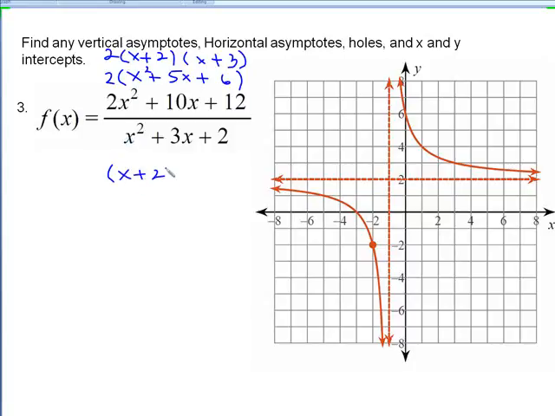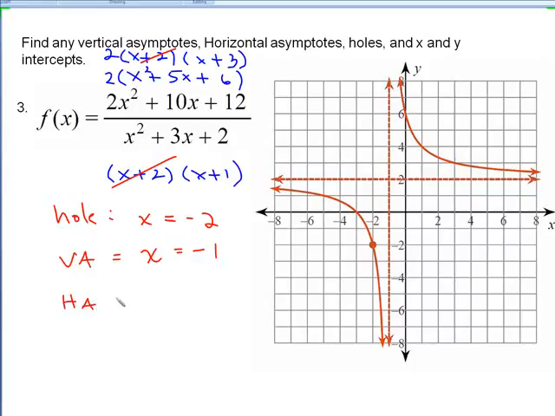The bottom is x plus 2, x plus 1. So let's piece the whole lesson together. These canceled out, remember? So we have a hole at x is equal to -2. Vertical asymptotes: this was left over, so we have x is equal to -1, a vertical asymptote.